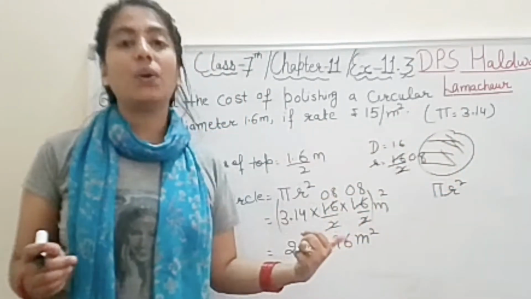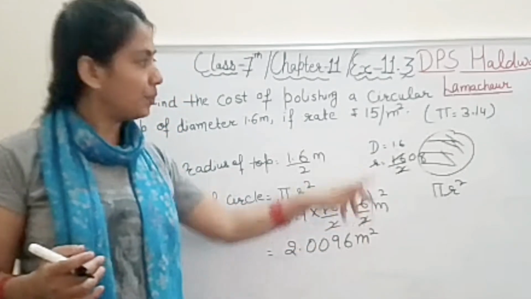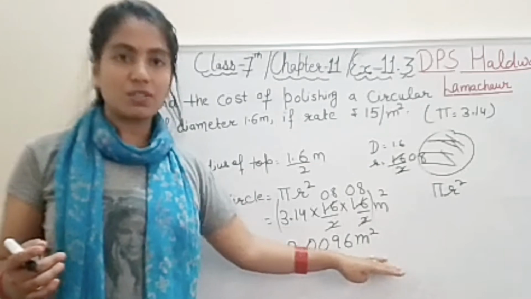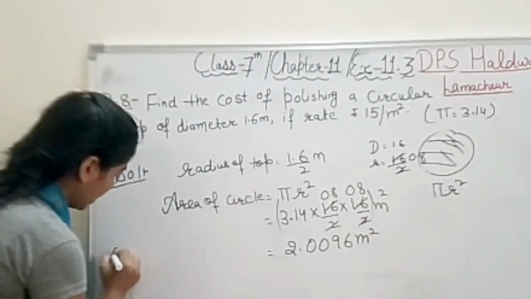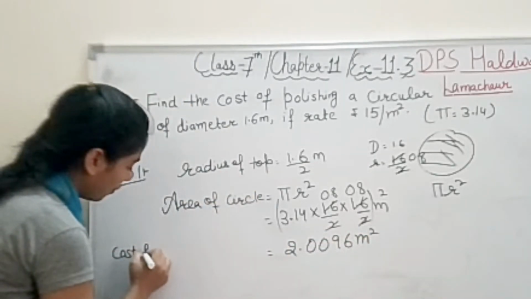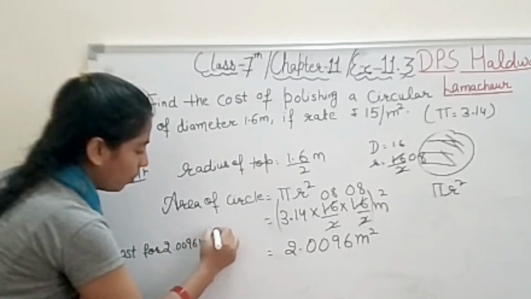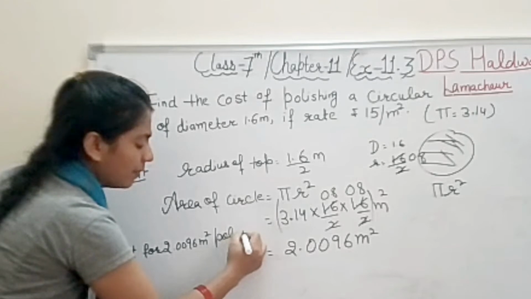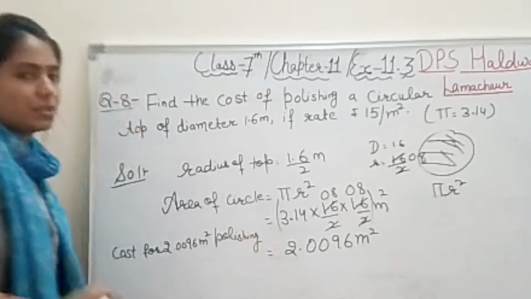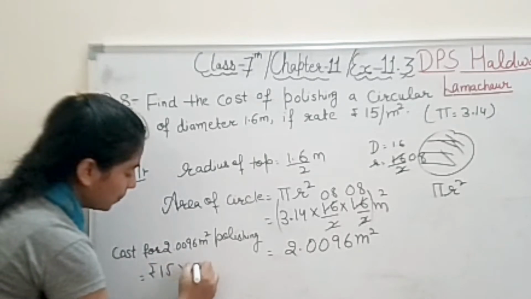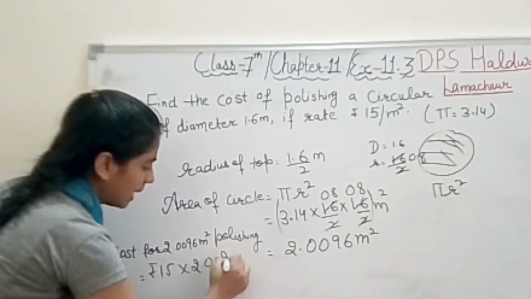Now you will find out the cost. So this into 15, because 1 meter square costs 15. So this many meter square will be multiplied. Cost for 2.0096 meter square polishing. Whatever wording you add is your choice, student. We want this answer, that is rupees 15 into 2.0096.